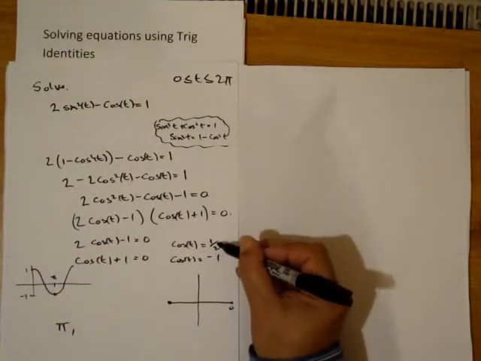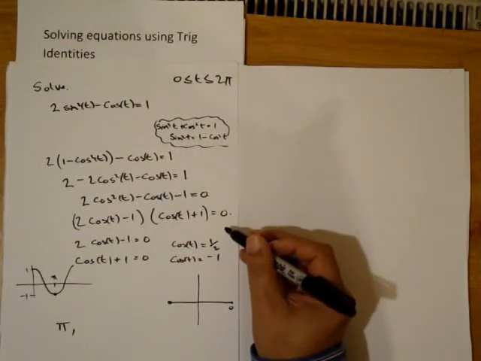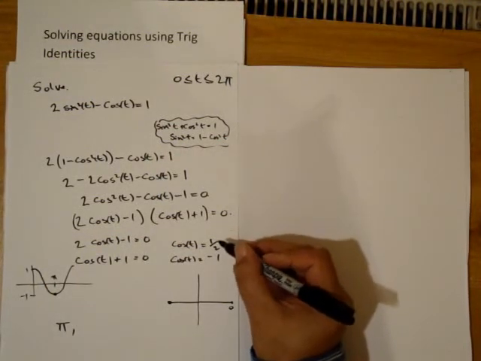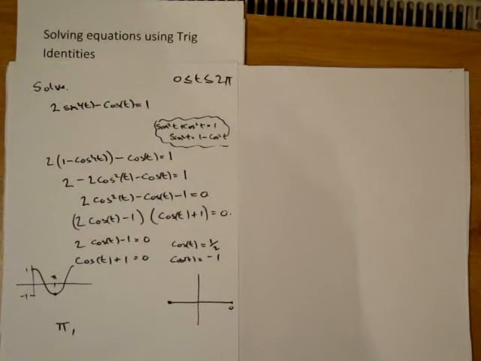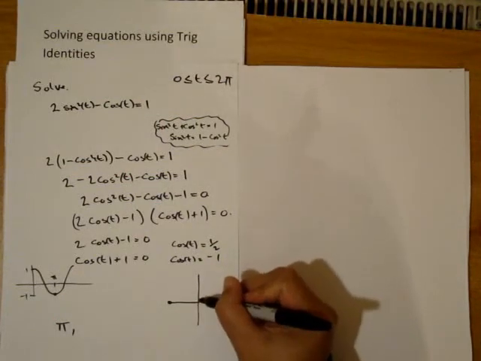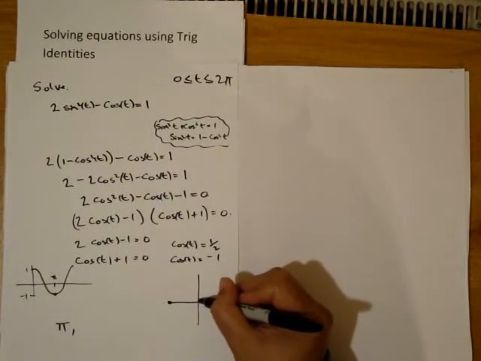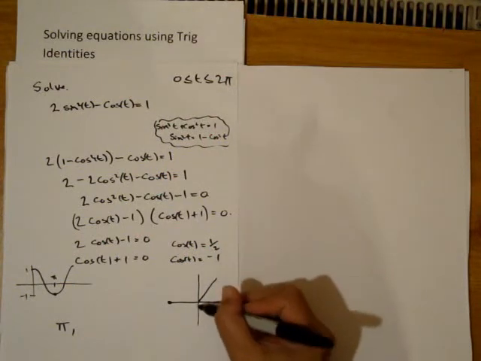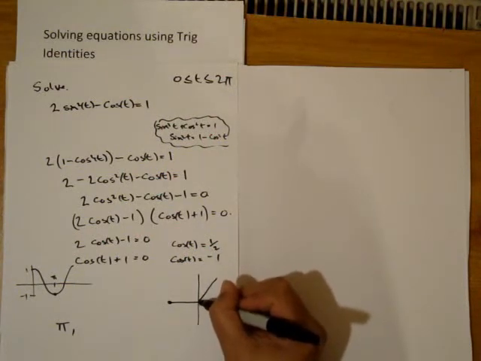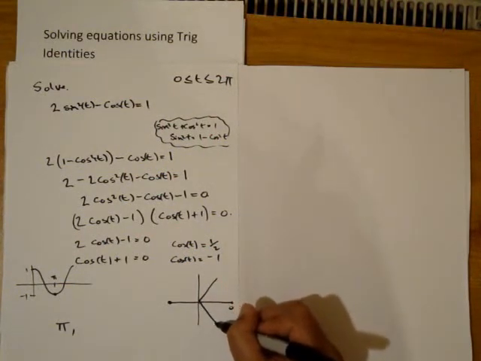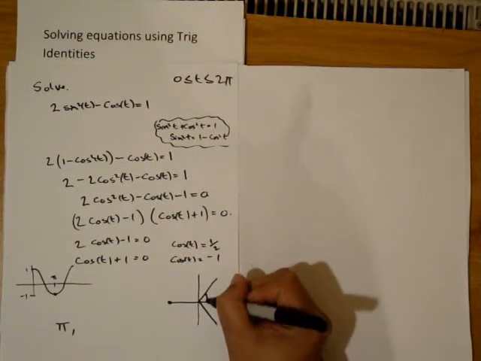Now what about a half? Cos t equals a half. Well, first of all, where would cos be positive? It would be positive in the first quadrant where everything is positive, and it would be positive in the fourth quadrant where cosine only is positive. The angle we're interested in is here.